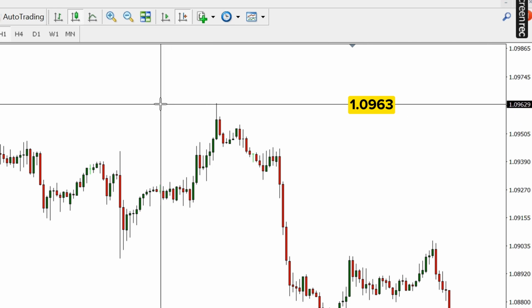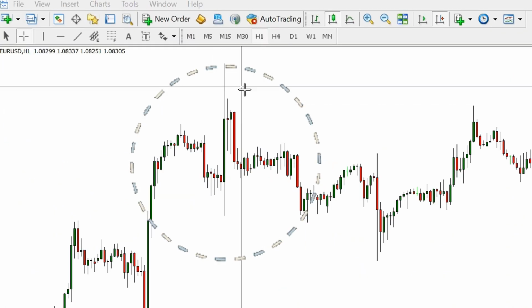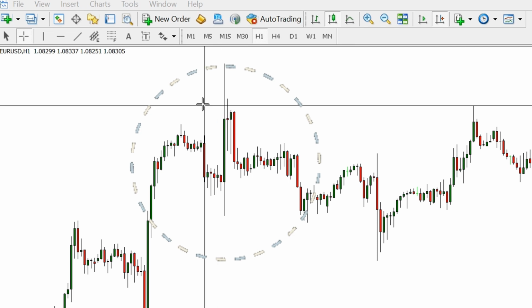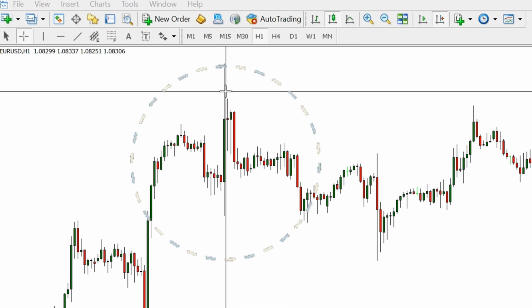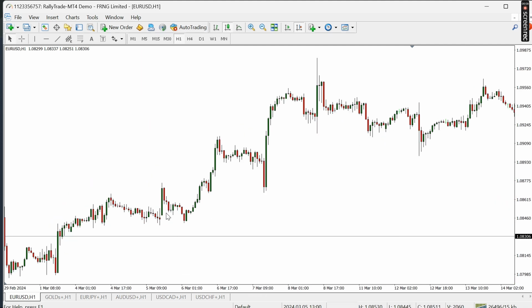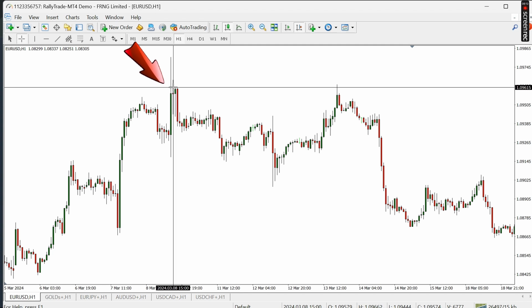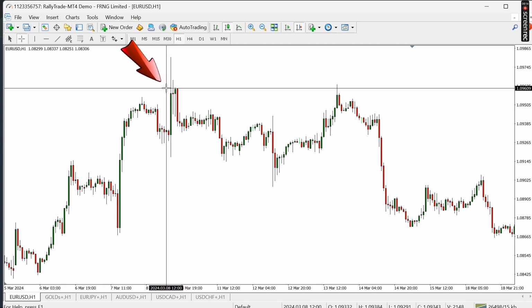It's not actually a line, but more like a zone, a sell area, an area that price will be looking to respect or reverse from. You can see price has been pushing up, price has been buying, and it got to this particular level, and there was an instant response at price 1.0961.